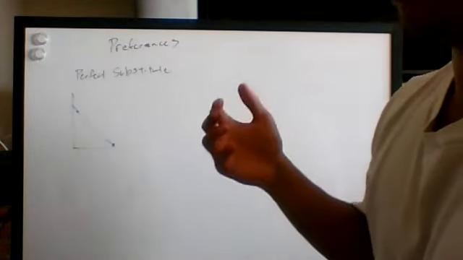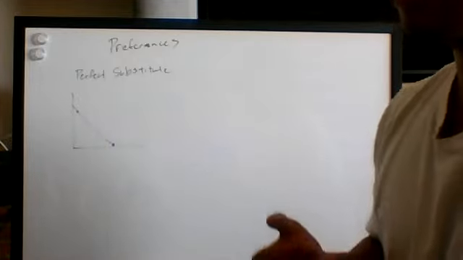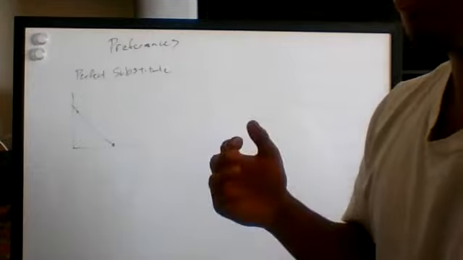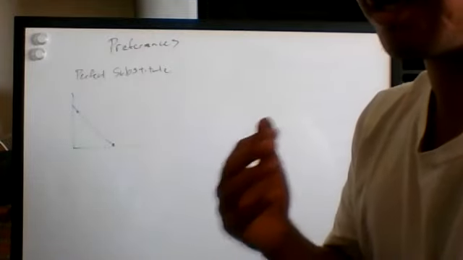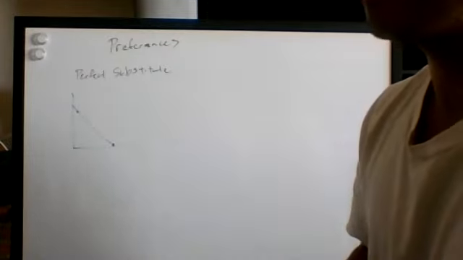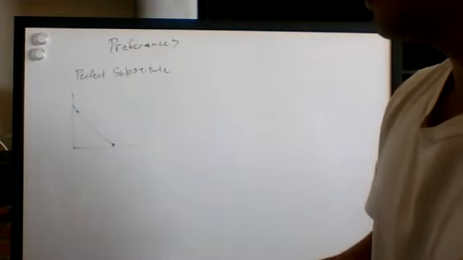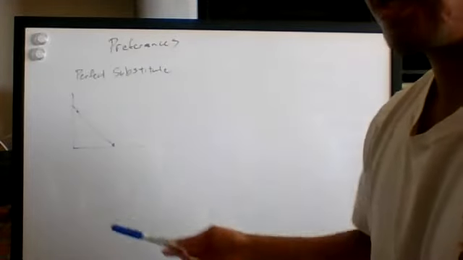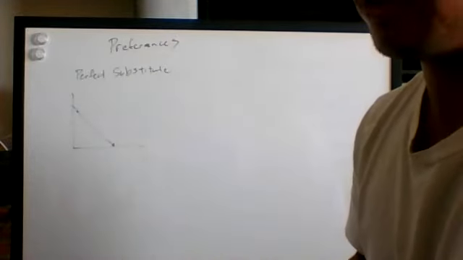To tie back to the budget constraint, if you remember, every point along that budget constraint added up to the same amount of income. In this case, each point along this curve is going to correlate to the same value of utility.